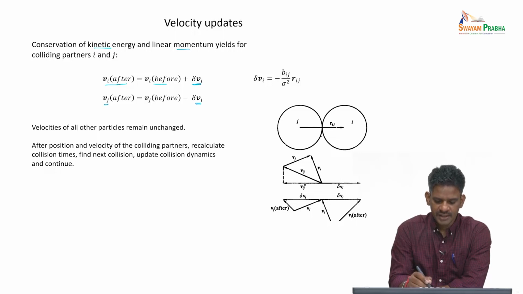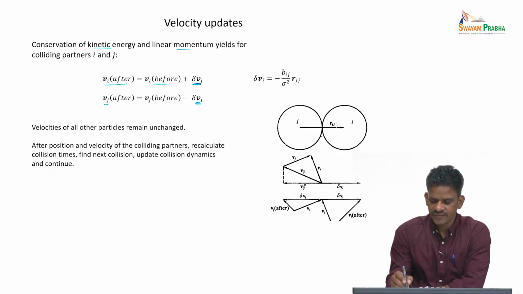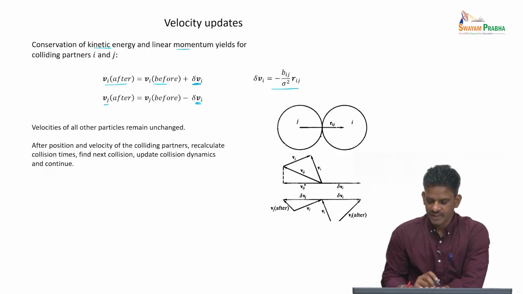And this particular small change is obtained by ensuring momentum conservation and kinetic energy conservation, and it can be shown that this is given as minus B by sigma square times Rij. This algorithm is shown in this example.